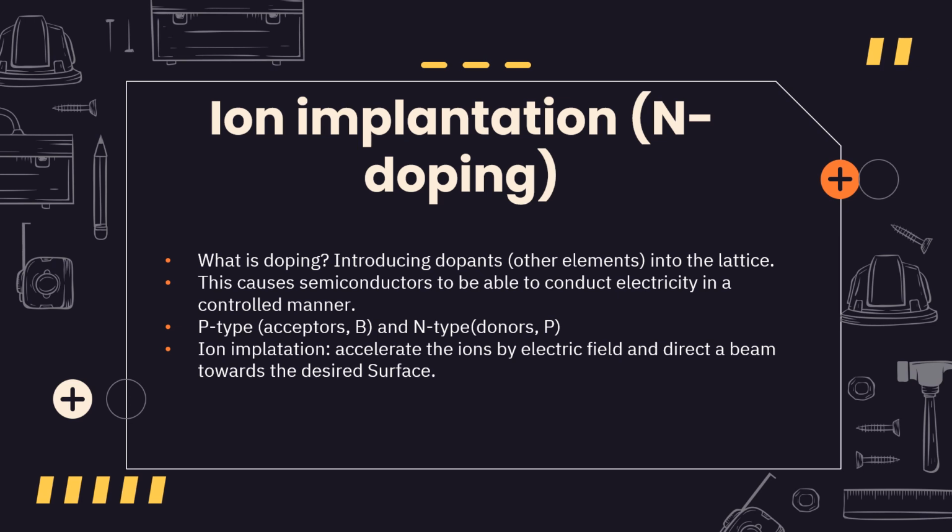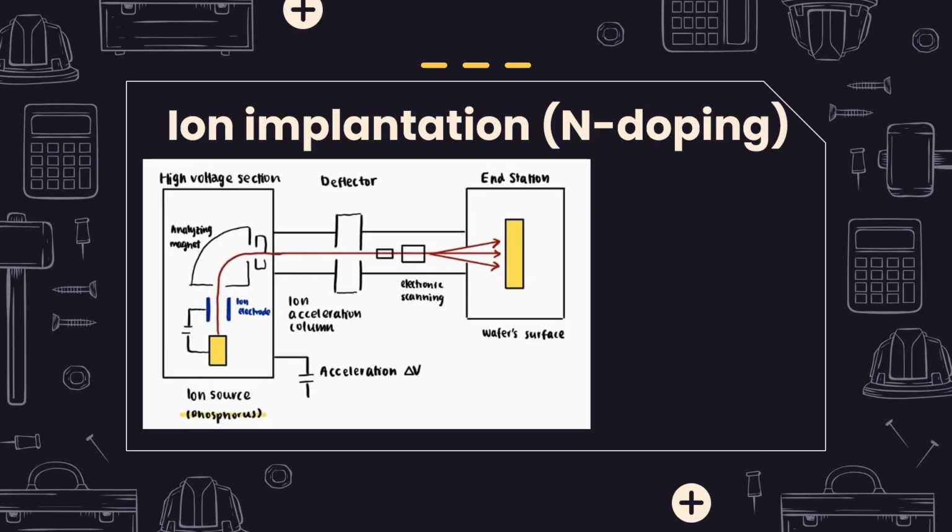Now, again, we have the ion implantation, but now we are talking about the n-doping type. The explanation for what doping is is exactly the same as before, the same methodology, the same concept. However, now, instead of introducing a p-type, that is boron, we are introducing a donor, which in this case I chose to be phosphorus. So the process would be exactly the same.